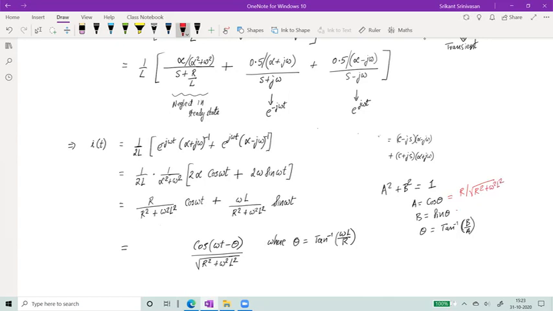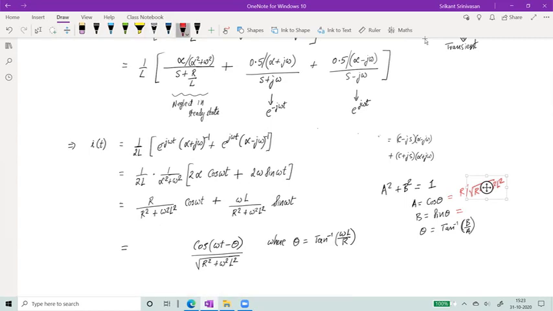See, remember that a square plus b square has to be equal to 1, right, for this to work. So if a is cos theta and b is sin theta, a has to be r divided by root of this. Then a square becomes r square divided by r square plus omega square L square.